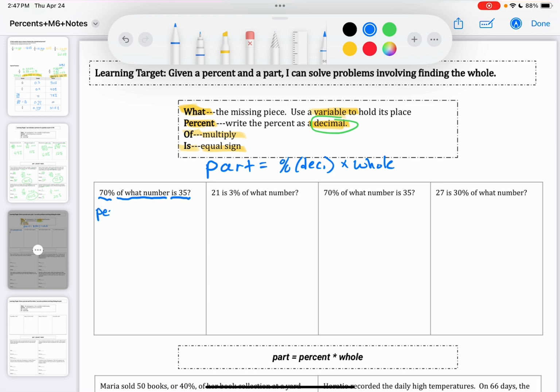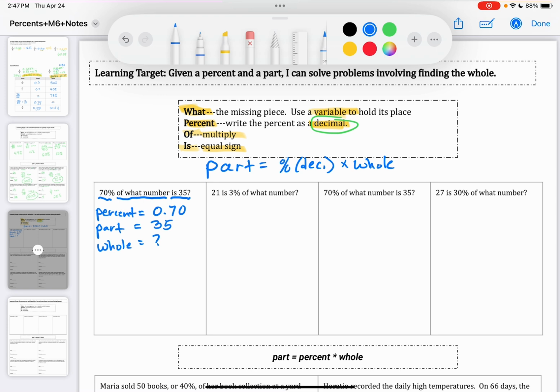So my percent is 70. So I'm going to write that as a decimal. My part is 35. My whole is what I'm missing.